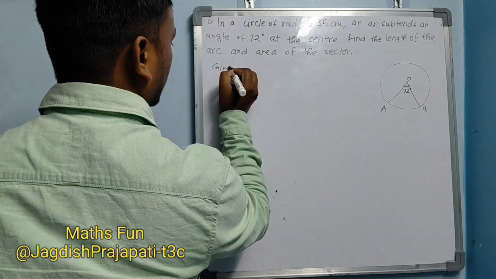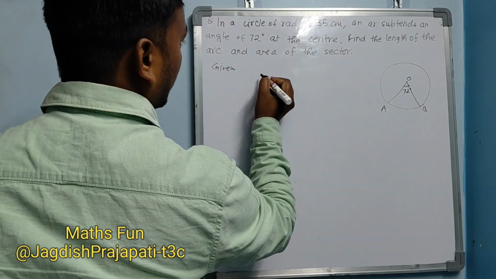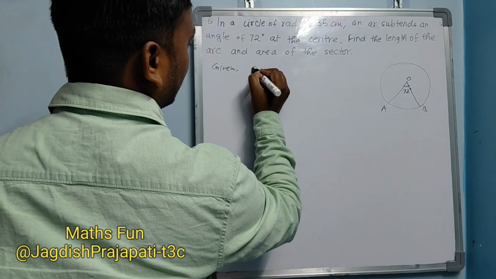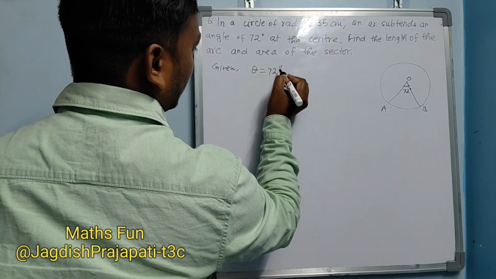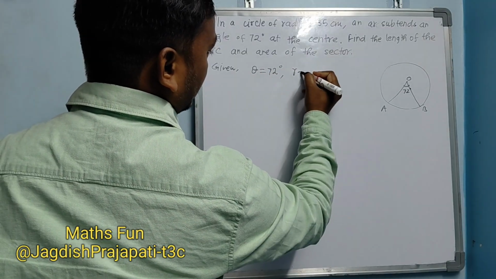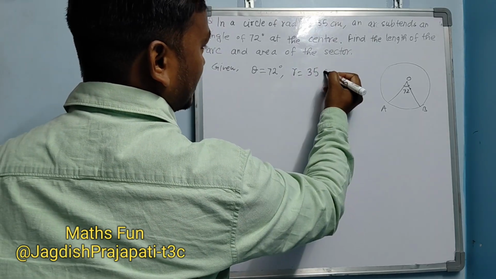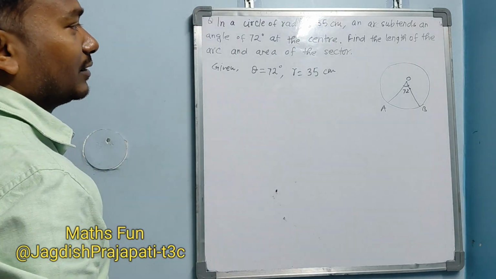Given, what is known here? Theta is 72 degree. R is 35, not degree, this is in centimeter.